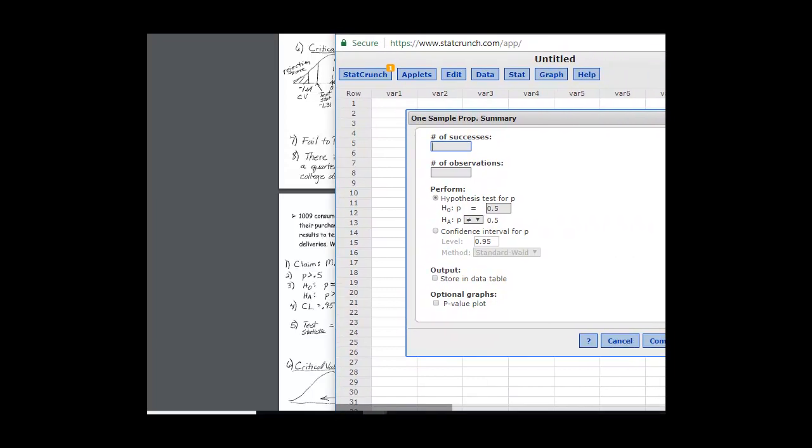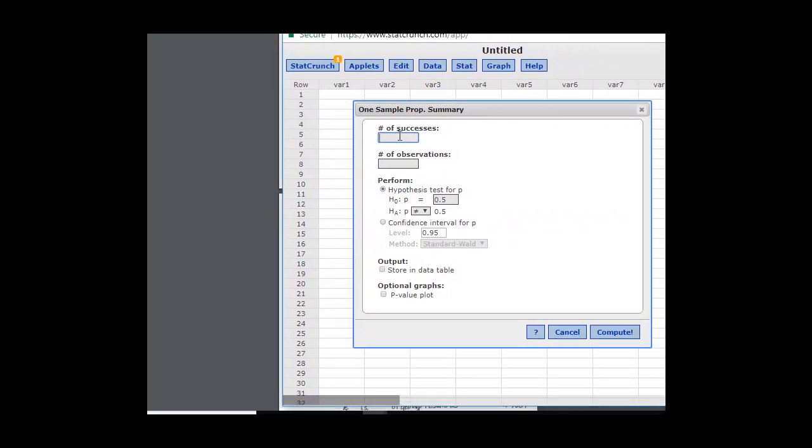You have to put the raw summary statistic data in here. I had 21% of 200 people involved in my survey. So if I do 0.21 times 200, I had 42 successes. So I need to put that raw information in there. 42 successes out of 200 people who were surveyed.